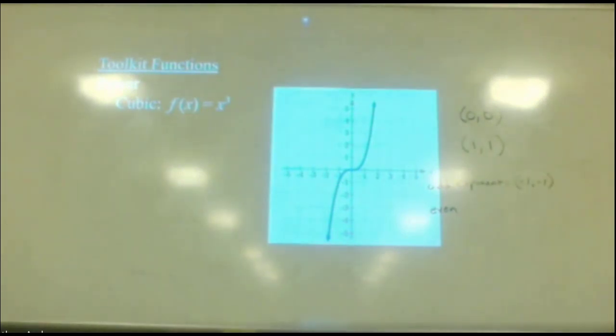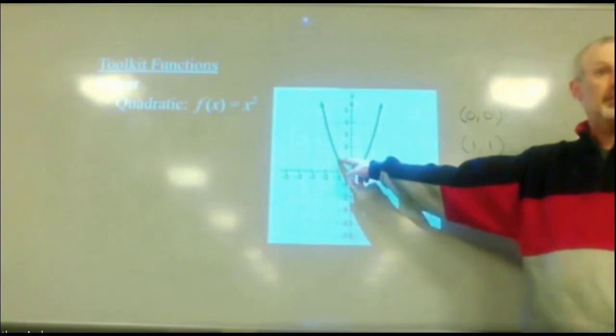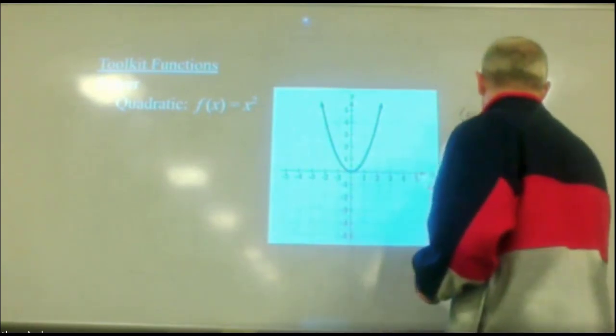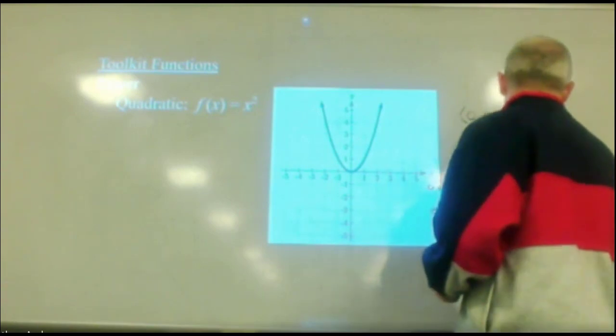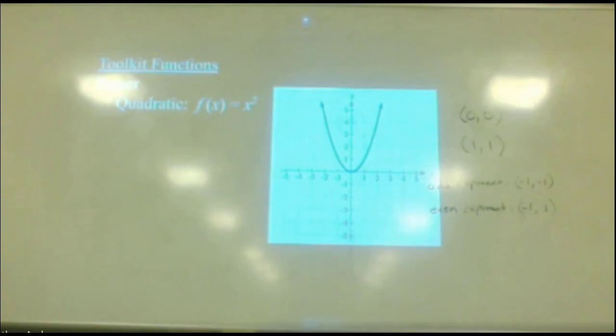But when it's an even exponent, it's not -1, -1 down here. It's going to be -1, +1. So even exponent, -1, +1. Okay, but that combination of those 3 points is always going to be in our power functions.